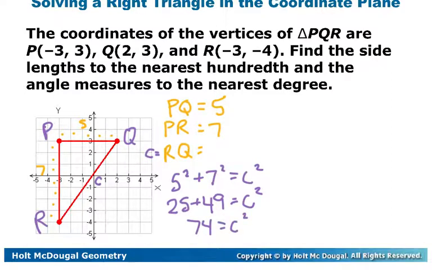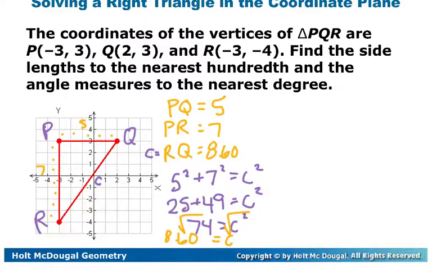But of course, taking the square root of both sides leaves us with a C of the square root of 74, which is 8.60. We'll put that up here.